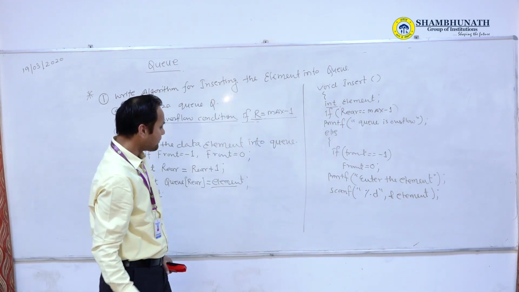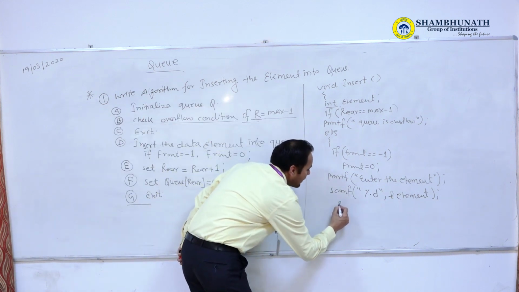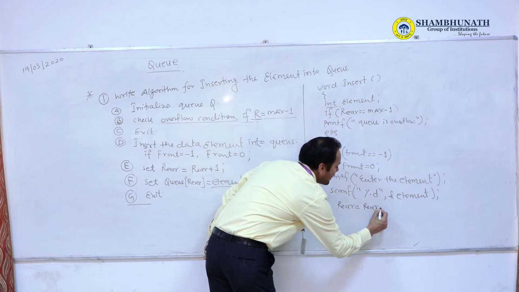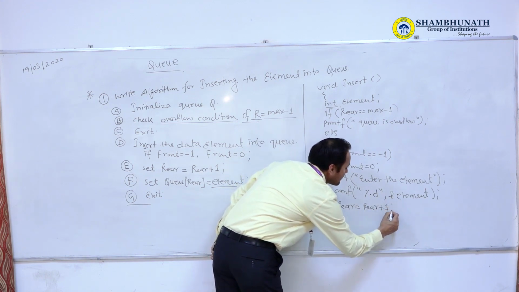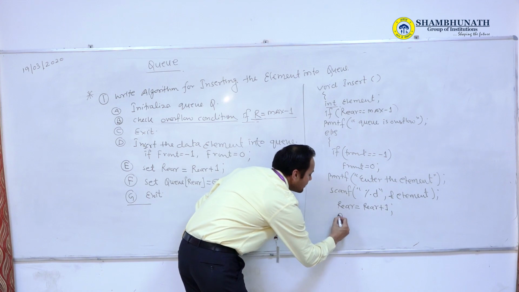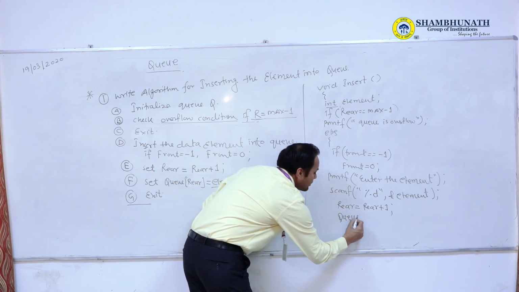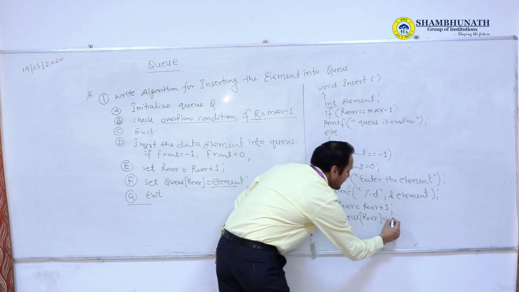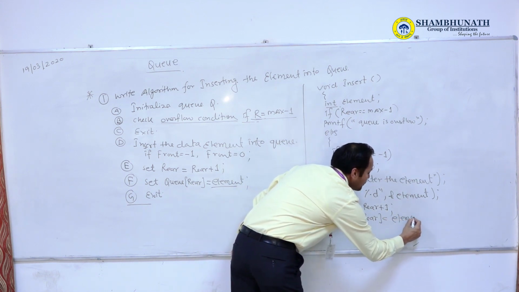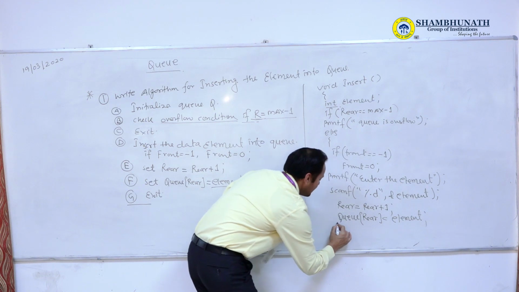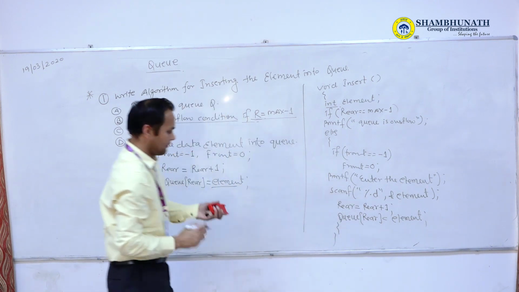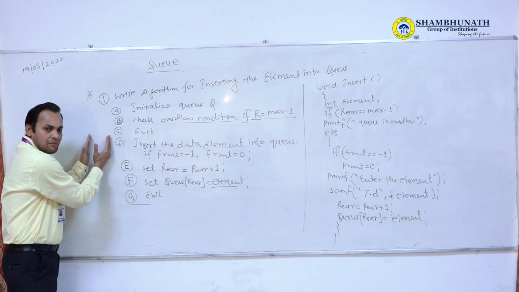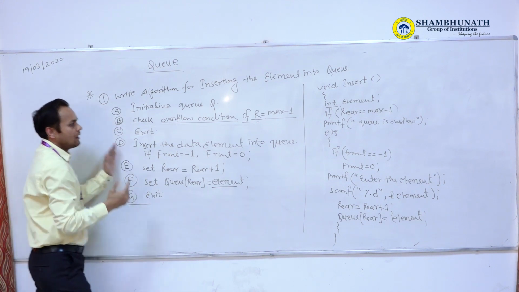Then rear equals rear plus 1, Q[rear] equals element. The function is over.